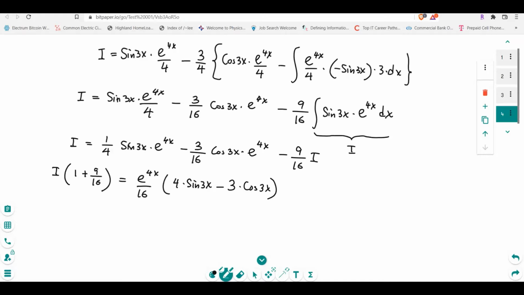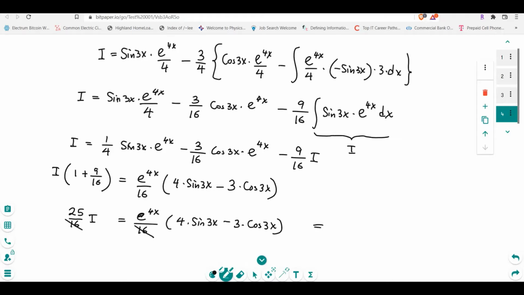Okay, and on the left hand side again I can simplify. I get 25 over 16 I equals e to the power 4x over 16 times 4 times sine 3x minus 3 times cosine 3x, and then the 16 on the left hand side and the 16 on the right hand side cancel out.